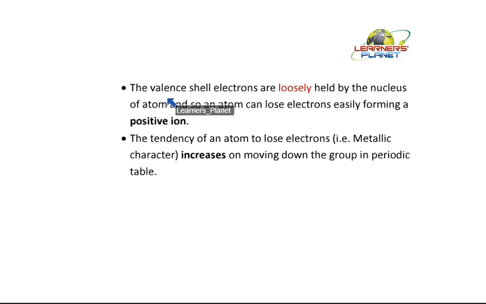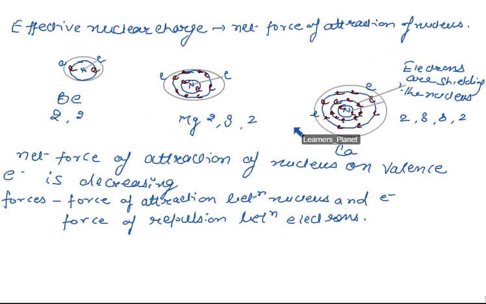The valence shell electrons are loosely held by the nucleus of atom, and so an atom can lose electrons easily, forming a positive ion. See this. Here what is happening? These electrons are loosely held, so they can easily come out.